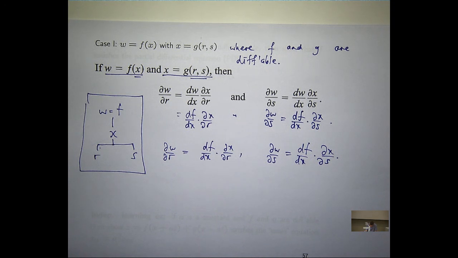Yes? Why do we put the F function in but not the G function? I guess it's a matter of style. Okay, you can. I guess technically it would be okay to put the G there as long as you're consistent.